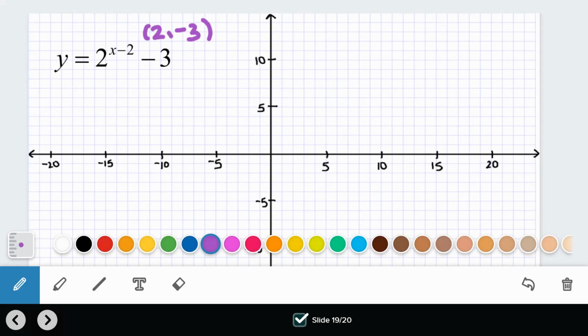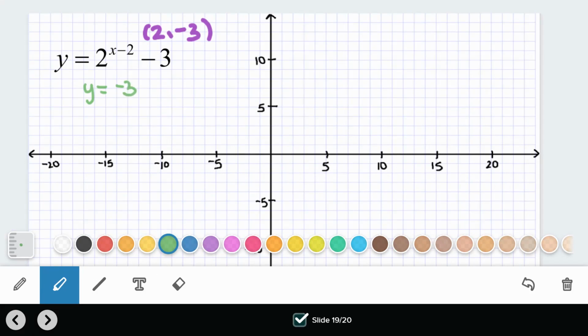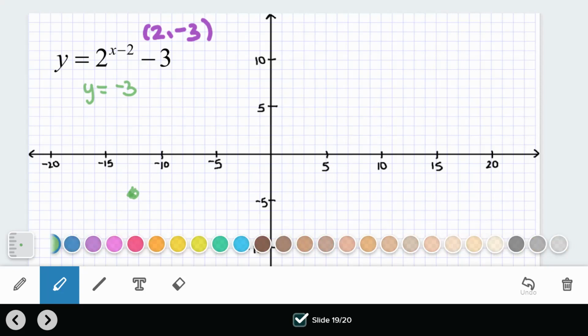And we're going to have y equal -3 for my asymptote. So let's see, y equal -3. Let me draw that in.